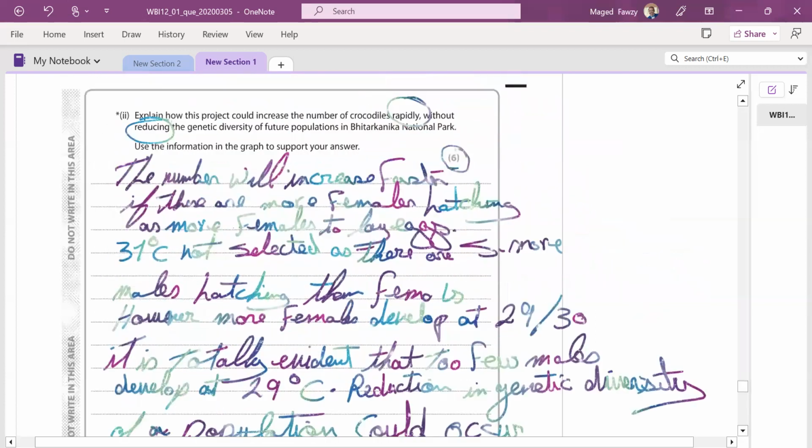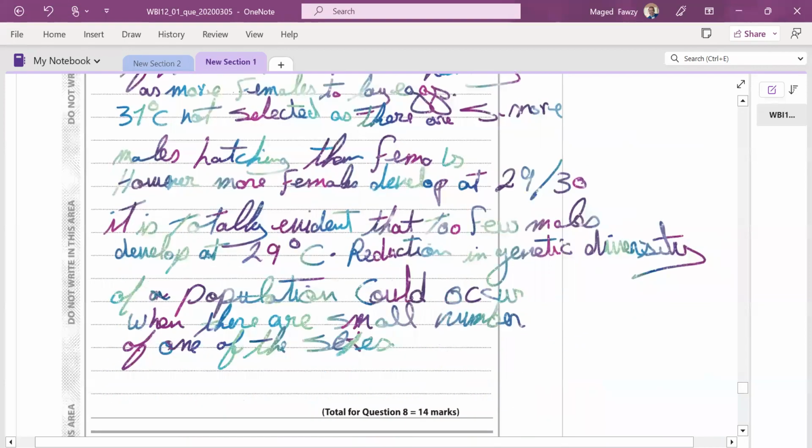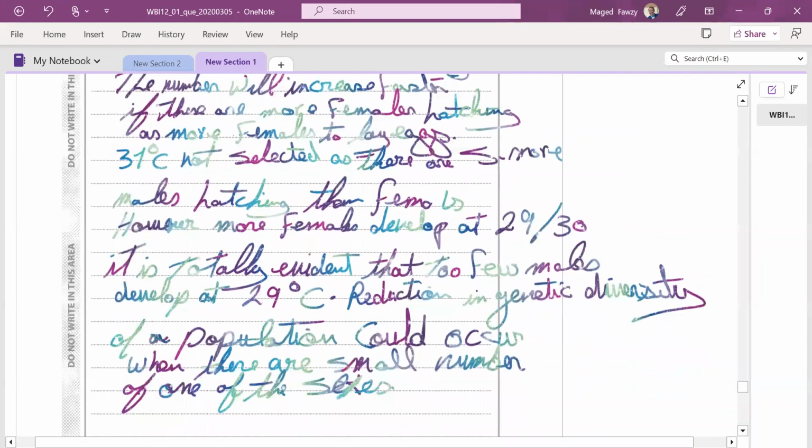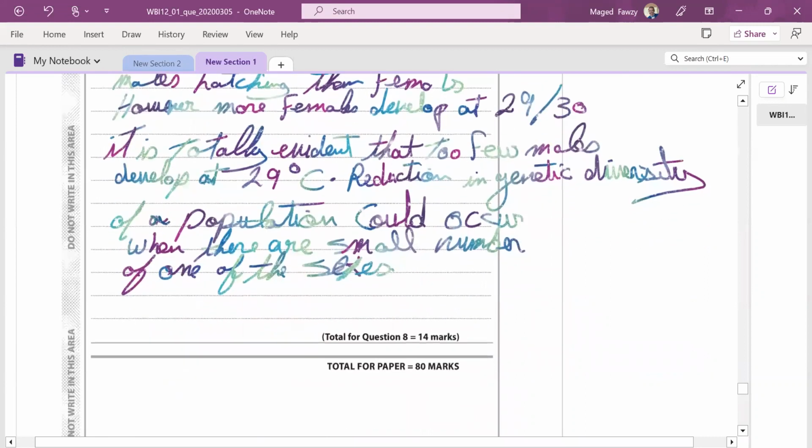Okay, that we wrote is definitely worth marks, but we need to add the last point: eggs collected throughout a national park. We also need to analyze the genetic makeup of individuals.